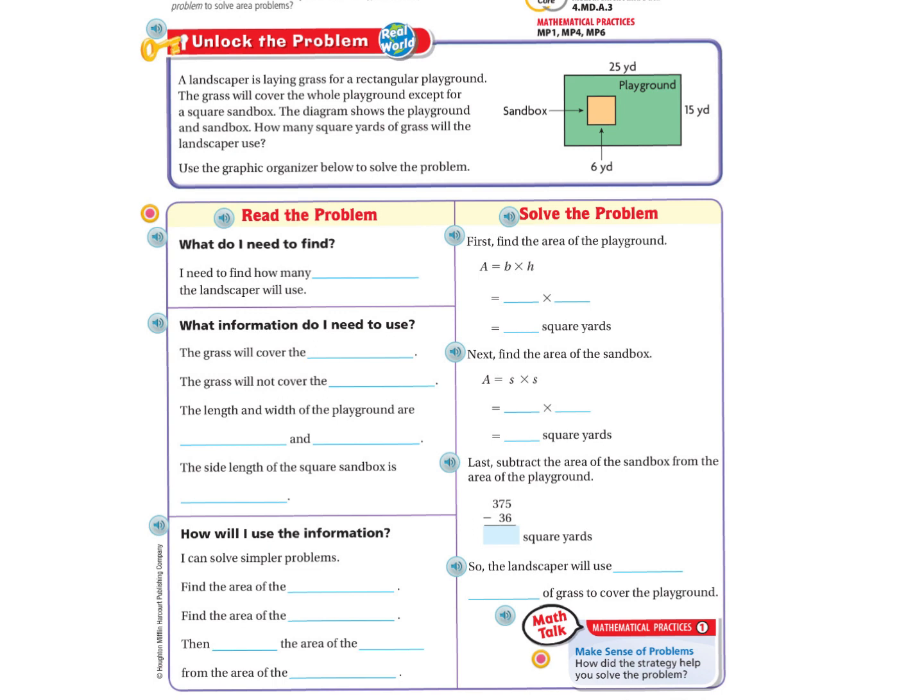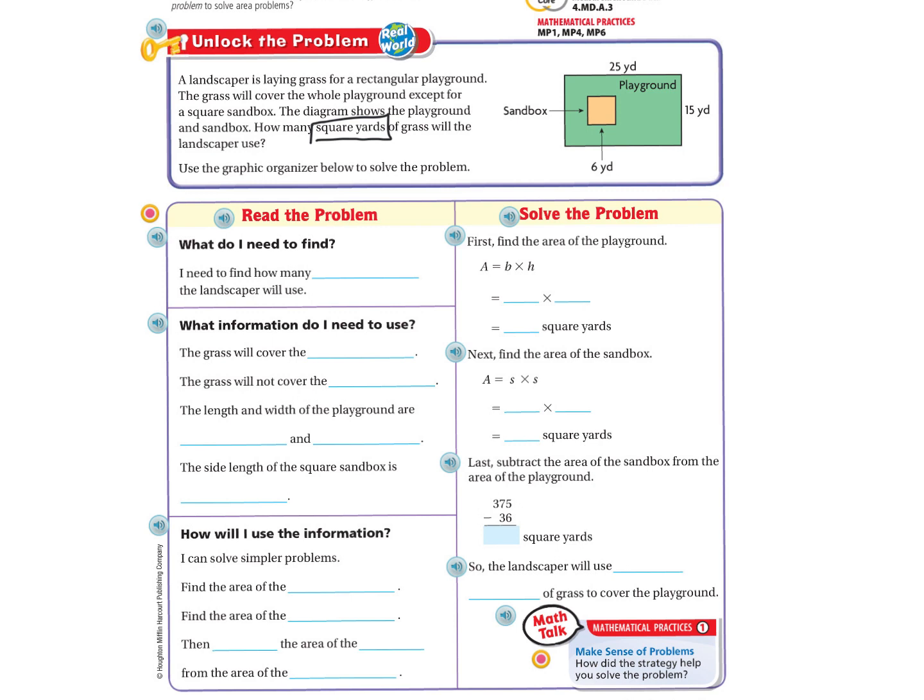Did you guys catch that clue? How many square yards of grass will the landscaper use? And they drew a picture to help them, which is huge. This really helps. So they drew a picture of their playground and their sandbox. And we're going to just look at all of the information here.